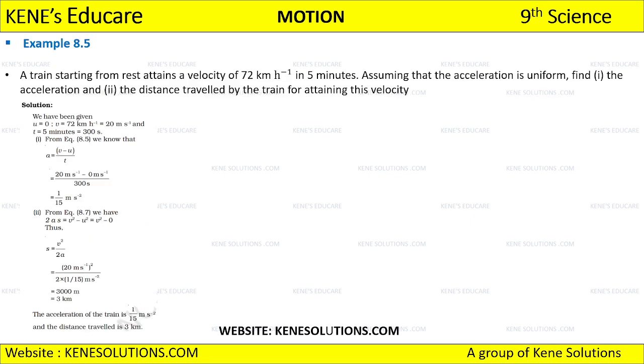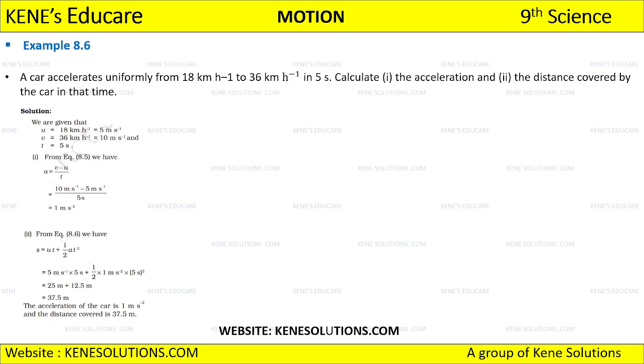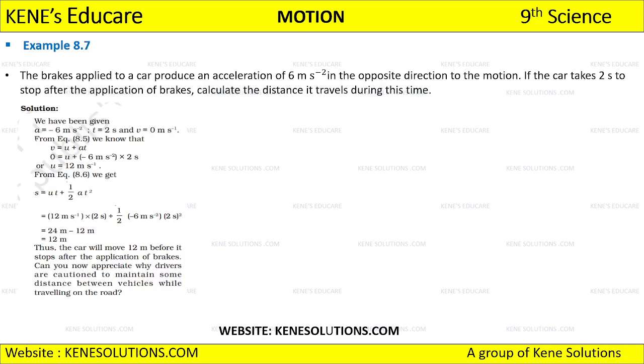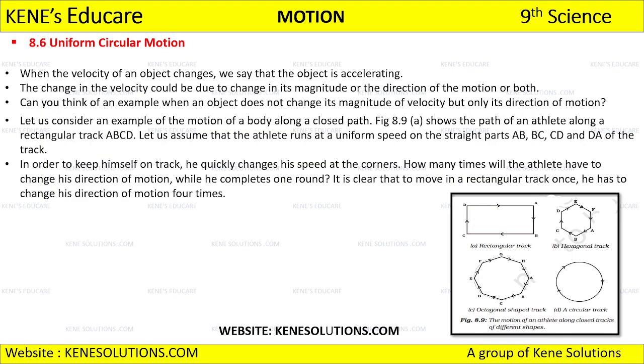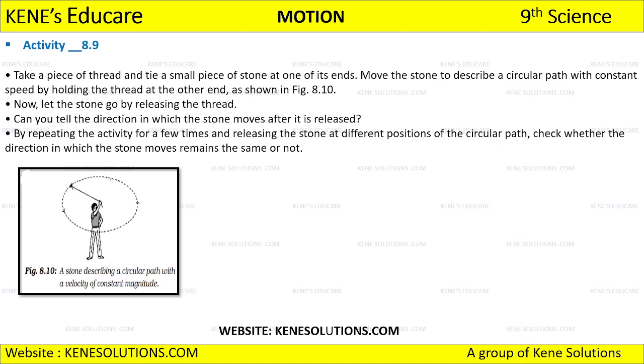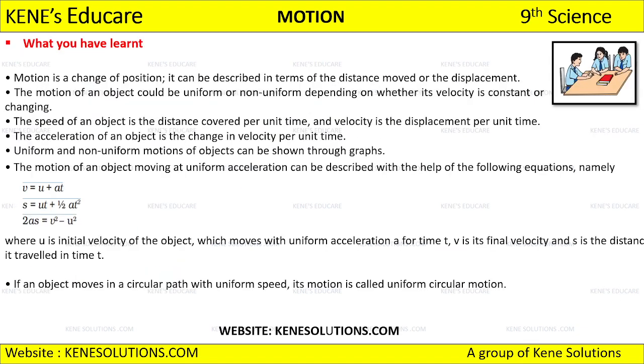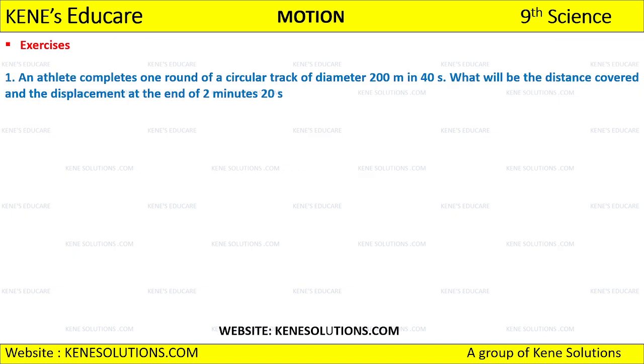Okay, and after the equation for position time relation, we will be discussing the equation for position velocity relation. This is also again very important, and over here we have the example as well to discuss, so we'll be doing that as well. We have example 8.6, 8.7, and then we have uniform circular motion to discuss in detail along with the formula, along with the activity, and then the summary discussion for the whole lesson, Motion. After that we'll have discussion on the exercise questions.